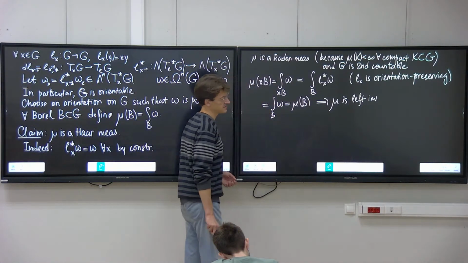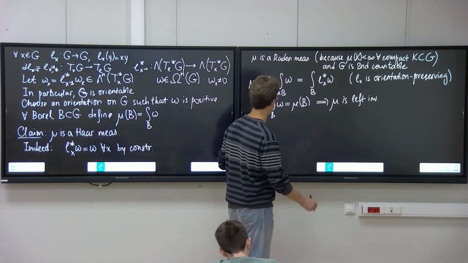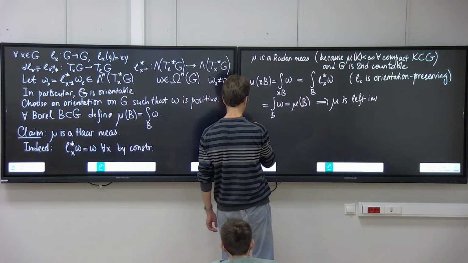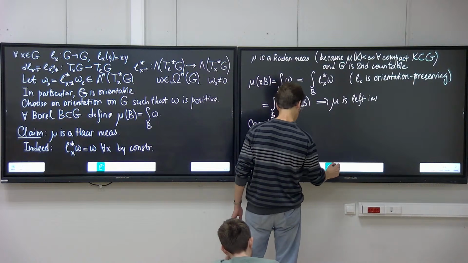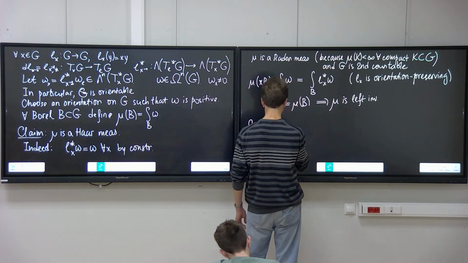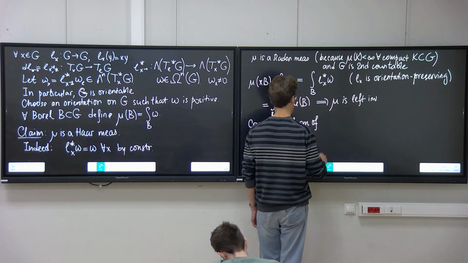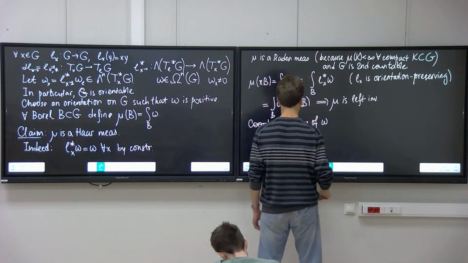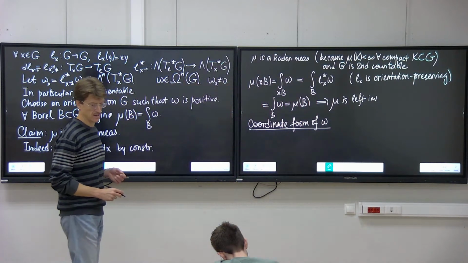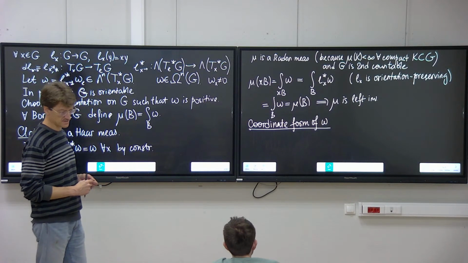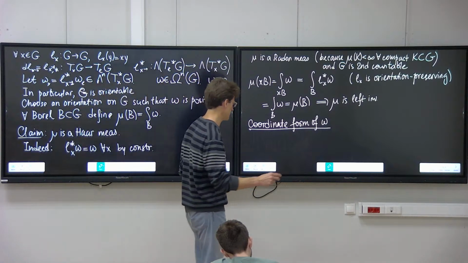In some applications, it's useful to have a coordinate form of omega and mu. So let's write this down. A coordinate form of omega. Let's choose a little neighborhood of the identity, which is diffeomorphic to R^n, and let's choose global coordinates in this neighborhood.